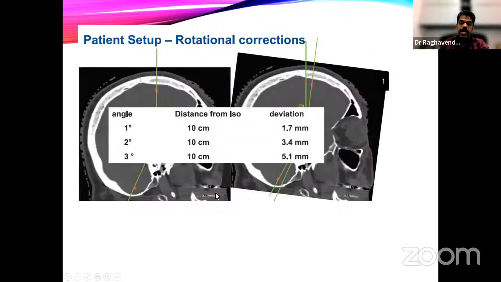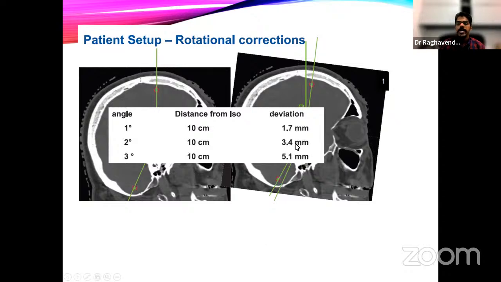That is one thing. Another is, when your isocenter is at this particular point and you are matching with the 60 couch, when you match your tumor to this angle, the other side of the tumor is missed by an angle. How much is that? If you give a pitch of 1 degree, and your distance from isocenter to the one tumor is 10 centimeter, then you are deviating the other one by 1.7 millimeter.